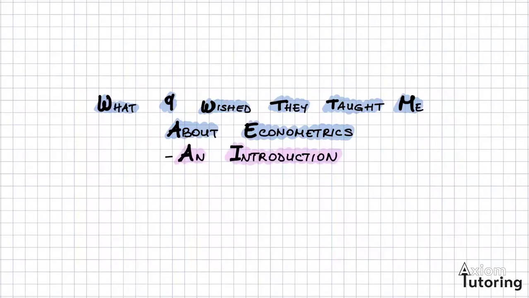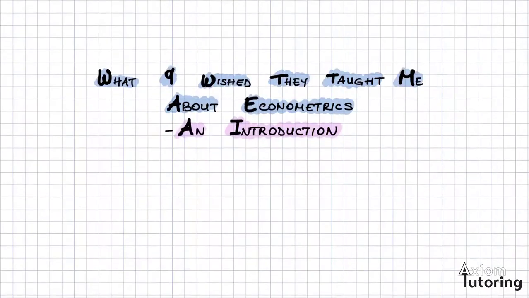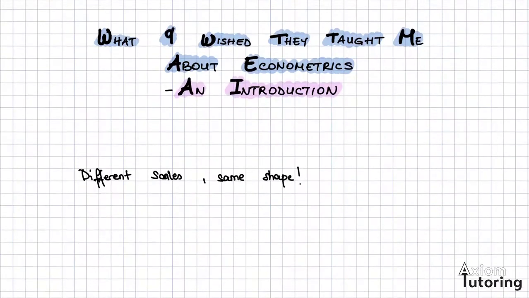In this video, we're going to talk about the normal distribution and why we always standardize it. So, different scales, same shape. The normal distribution shows up everywhere in econometrics, but here's something that confuses many students.